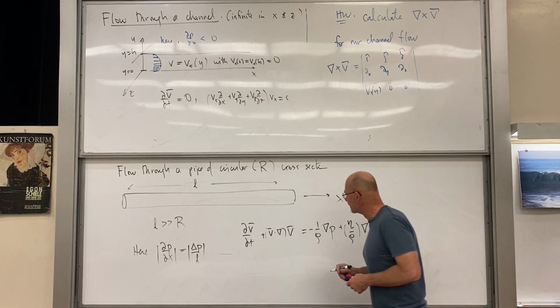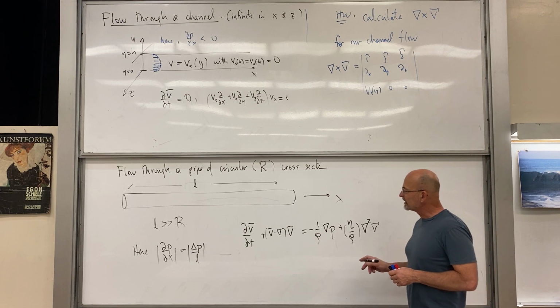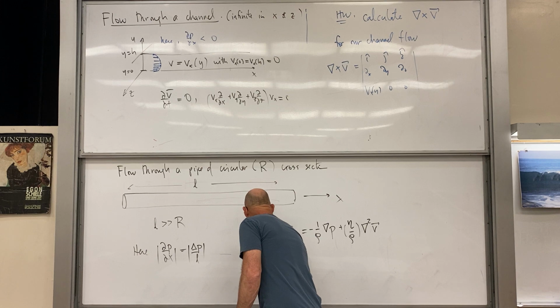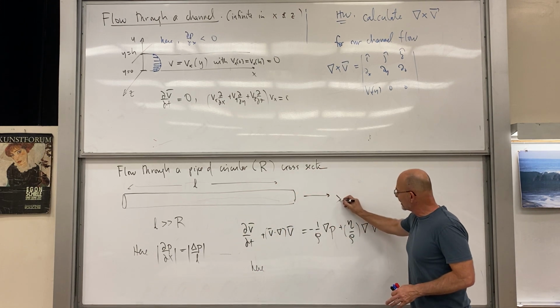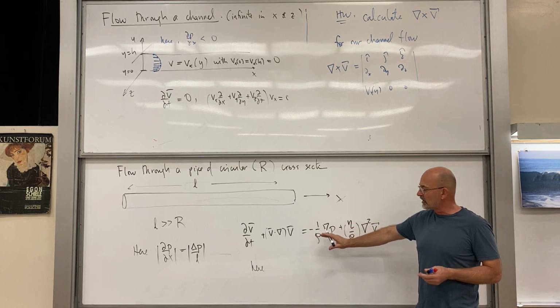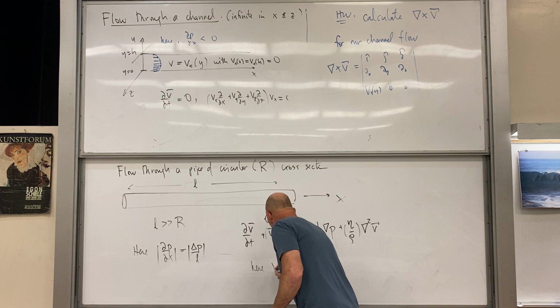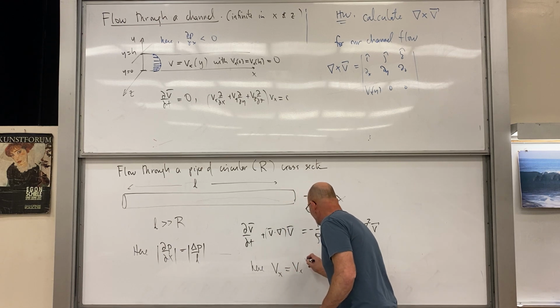Okay, this is going to be very similar to what we did. In this case, it's sufficiently long. So here we're going to start with the Cartesian coordinates, go as far as we can. So here again, we're going to have V sub x is equal to V sub x, this time of y and z.